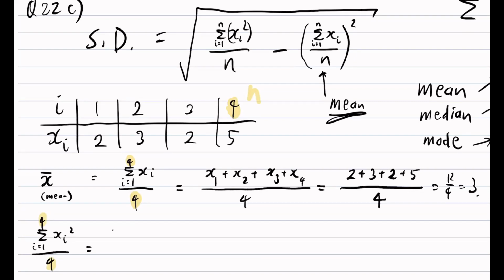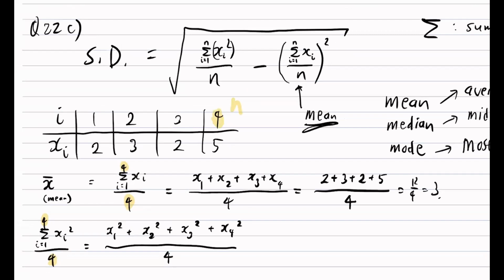This is really just x1 square plus x2 square plus x3 square plus x4 square. So I'm basically replacing the subscript i here with a 1, with a 2, with a 3, with a 4. That's why it says 1 and 4. Okay? Then you divide by the n, which is a 4.